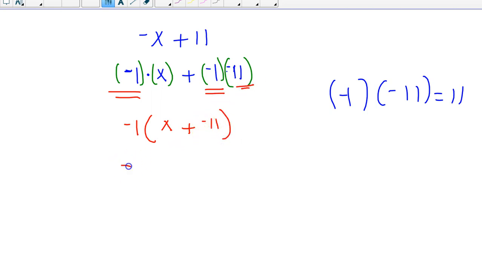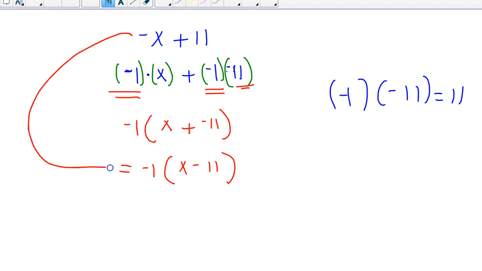That is negative 1 times x minus 11. This is the whole story. Negative x plus 11 can be written as negative 1 times x minus 11. So directly you can just write it, but in the background, this is the thing that happens.